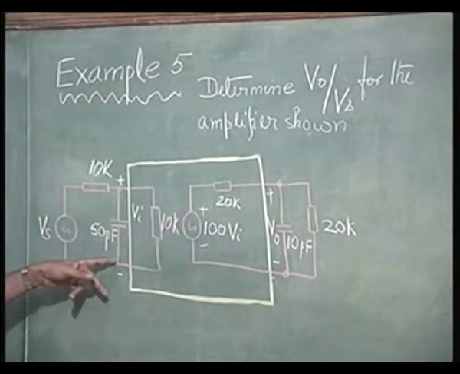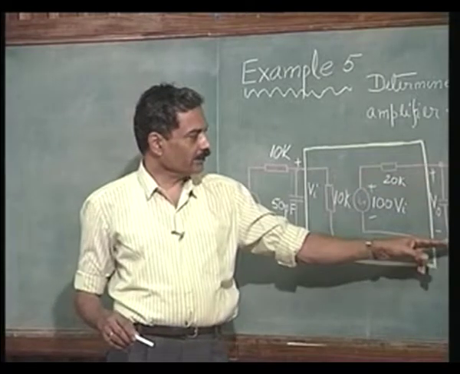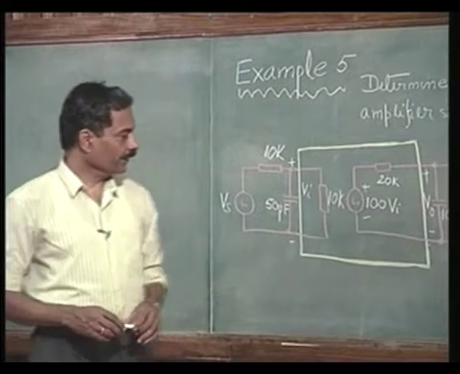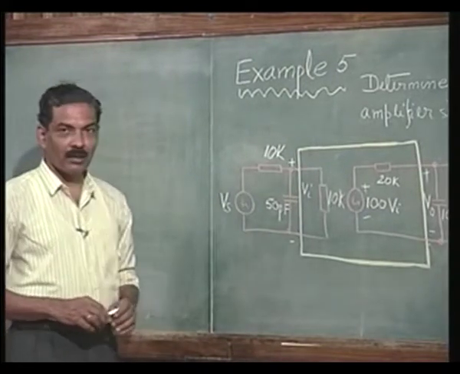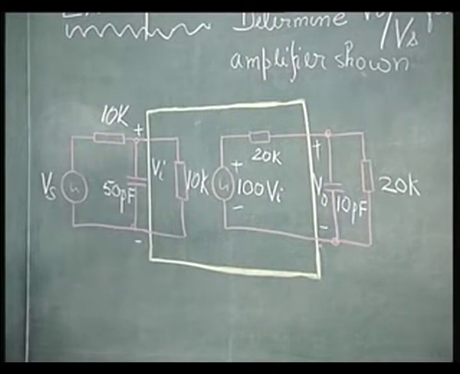The input capacitor total together comes out to be 50, let us say, and the output capacitor comes out to be 10 picofarads. This is the typical order of the amplifier capacitors. Now, under this circumstance, I would like to know V0 over Vs.